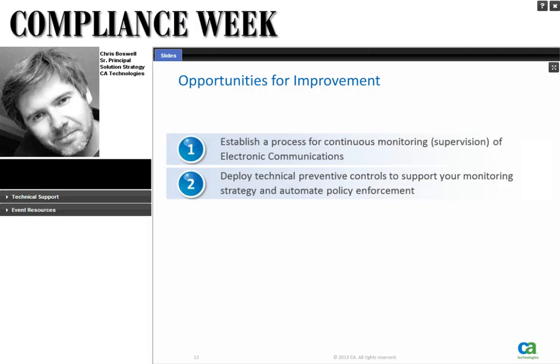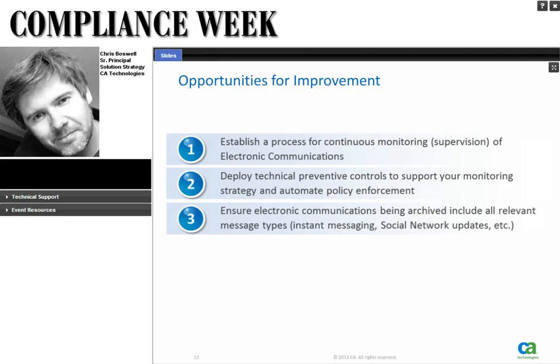You're really talking about building a new supervision process, but you already have within your organization likely a legal hold and other compliance processes. So you want to ensure that all of your electronic communications that are being archived are relevant. For instance, today you might be just doing email, but you may need to consider whether other types of communications and messaging should be included, such as instant messaging, social networks, et cetera.